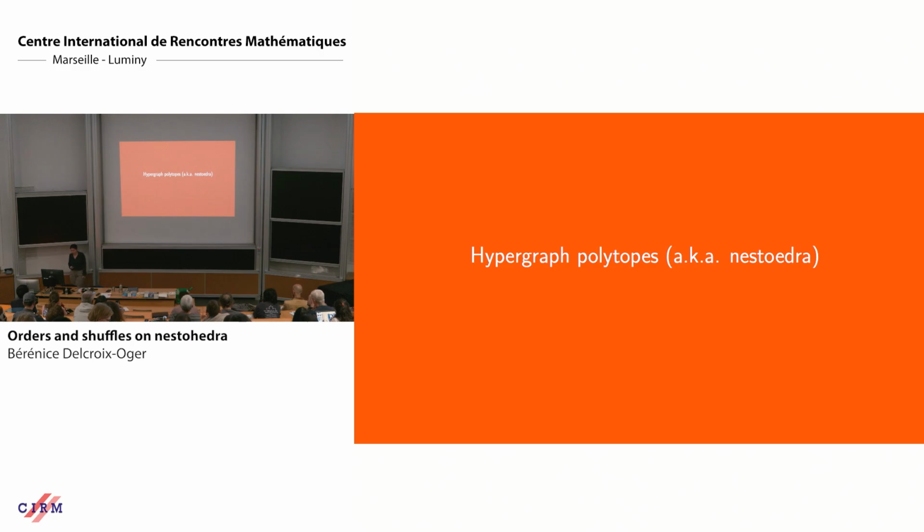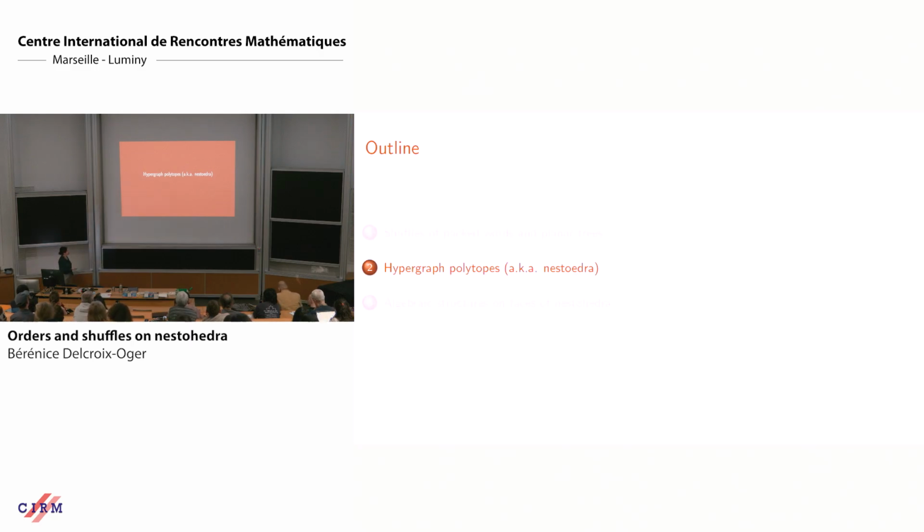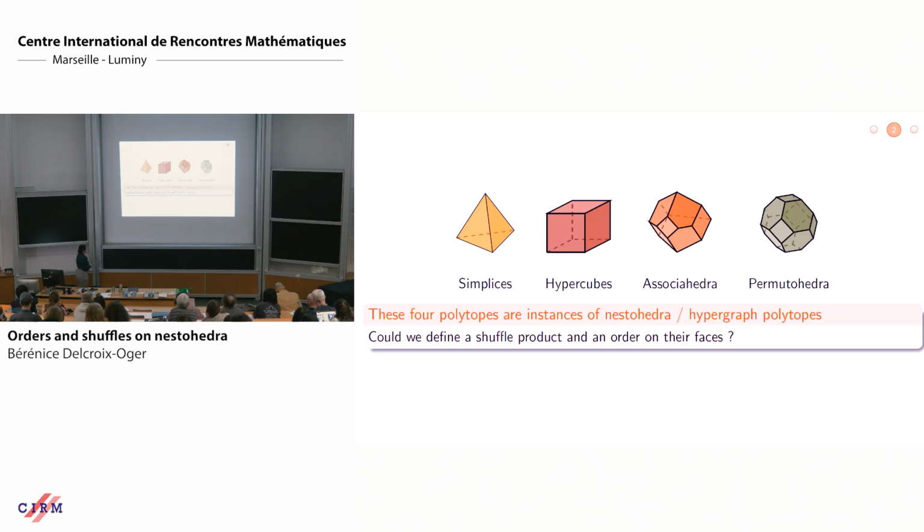Okay. So my second part is on hypergraph polytopes and nestohedra. So here are the usual polytopes, and we started with this simple question. You have simplices, hypercubes, associahedra, and permutohedra.